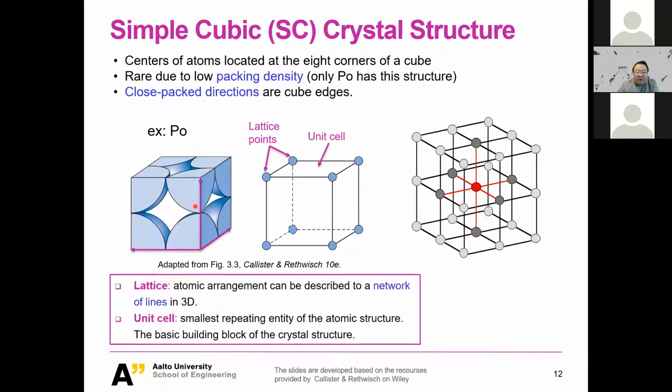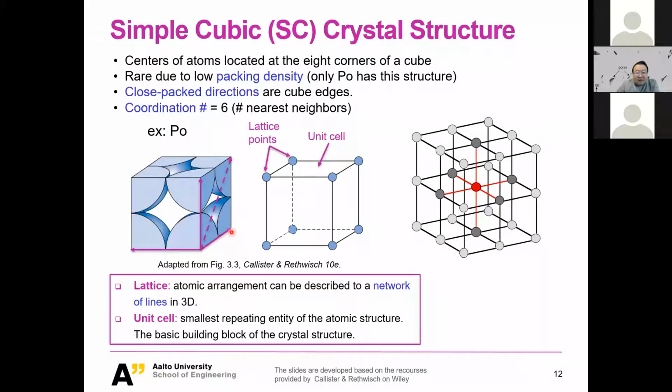These are the 3 axes, X, Y, Z, if we have a coordinate system in this simple cubic crystal structure, and these are its edges. Meaning, if you go in the diagonal direction, you will not have the close packing direction, because it takes more distance to meet the second atom. That's why this direction is the close packing direction, because you need the minimum distance to reach the second atom.